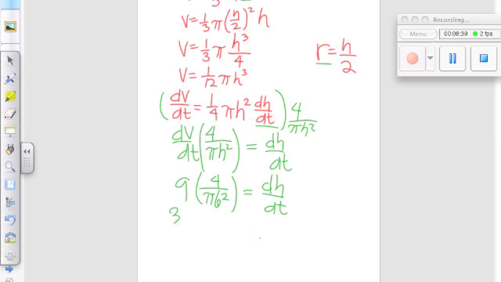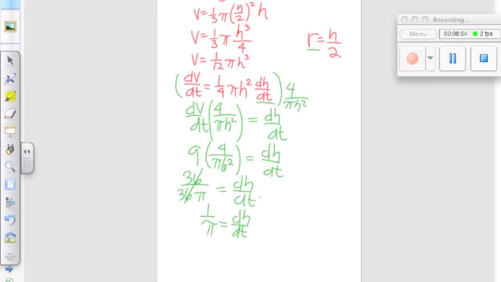I get 36 over 36 pi equals dh/dt. These cancel and I get 1 over pi equals dh/dt, which means my height is changing 1 over pi feet per minute, which is approximately 0.32 feet per minute.